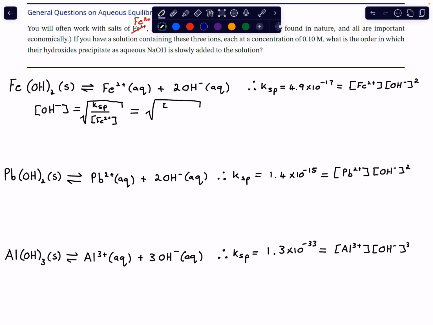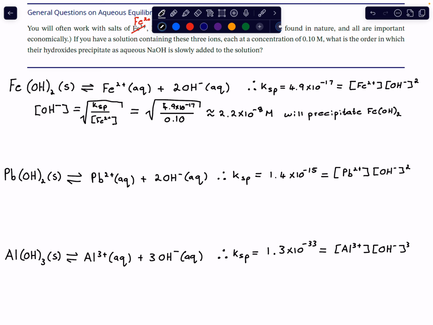So the KSP is 4.9 times 10 to the power minus 17, over 0.10, and I get a value here of 2.2 times 10 to the minus 8 molar will precipitate iron 2 hydroxide. All right. So this, at the moment, it doesn't really mean anything to us. We need to look at the others as well.